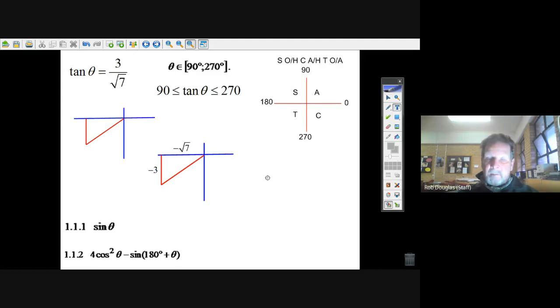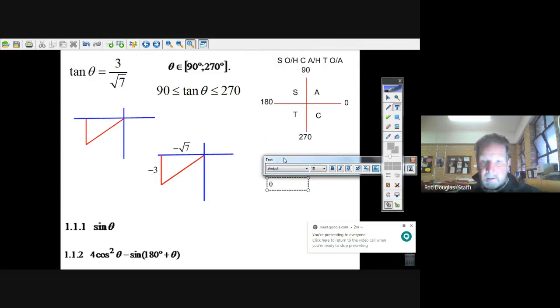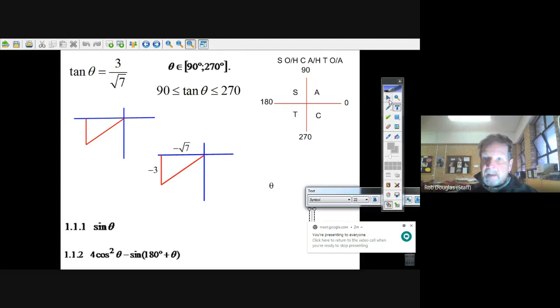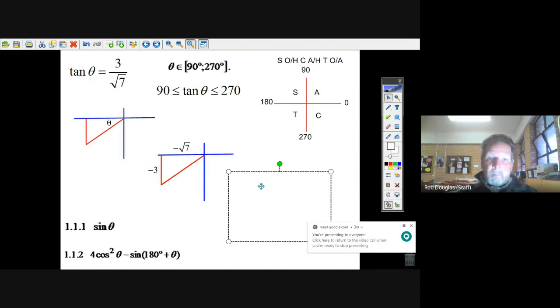Let's put the theta angle in there, a little bit bigger. That's the reference angle you're talking about, and there's theta.